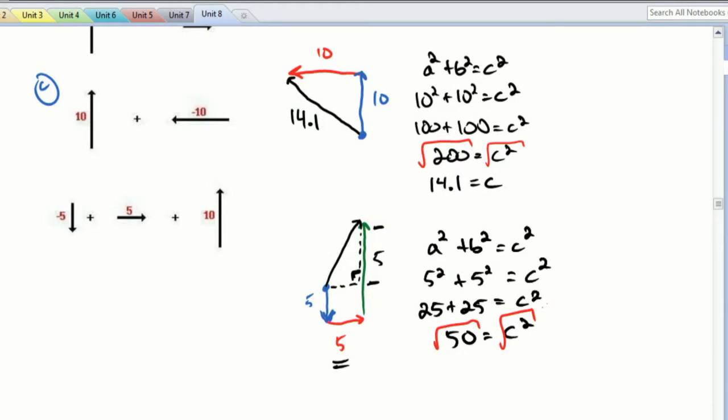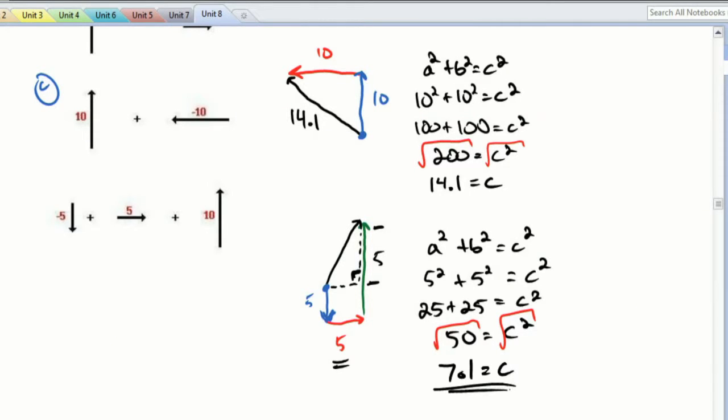Square root of 50 is 7.07. So Ava had it. We'll call it 7.1. So well done, Ava. That was a hard one.